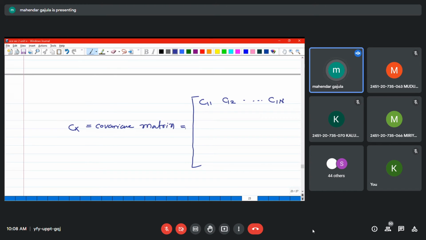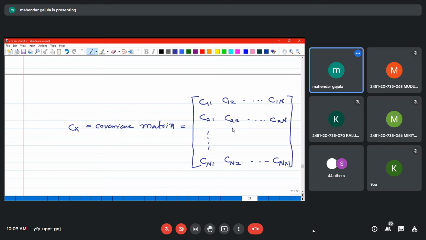First random variable, second random variable, and n random variables. Second row, covariance between second and 1, covariance between second and second up to covariance between second and nth random variable. And the last row is covariance between nth random variable and first random variable, covariance between nth and second random variable, up to covariance between n and n random variables.